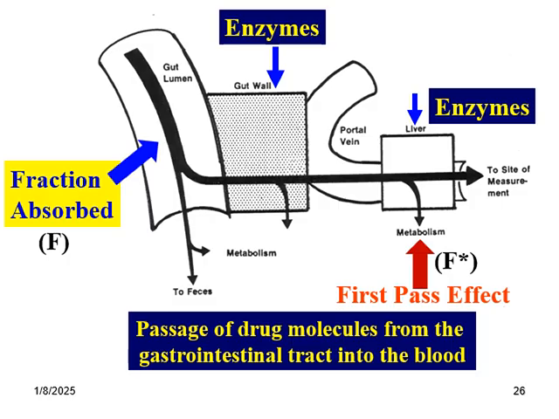That means drugs are lost in the GI tract, and even the drugs absorbed to the portal vein will be lost. Some part of the drug will be lost after first pass effect. Only a fraction of the drug will go to the site of measurement.